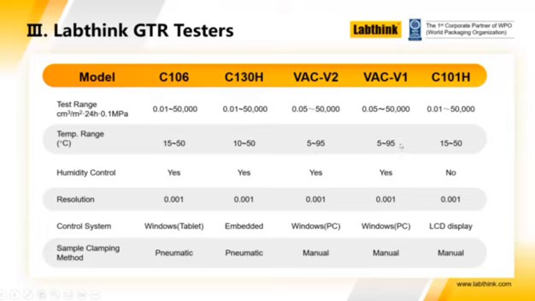Same with VAC V1, and then you have the more basic instrument 101H. It's 15 to 50. 4 of the instruments have the option of humidity control. The most basic one does not. Resolution is the same, and 2 of the instruments have pneumatic clamping, and the others are manually clamped.